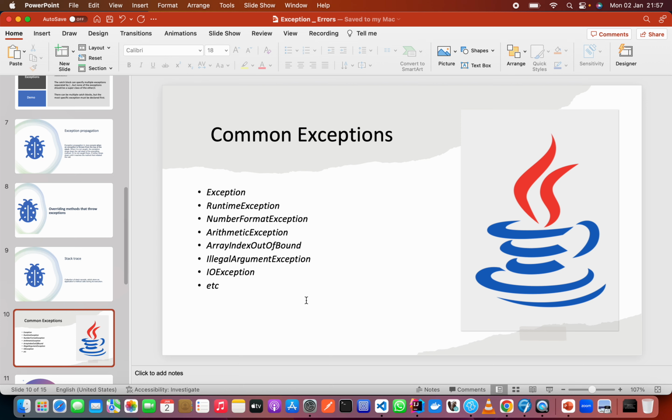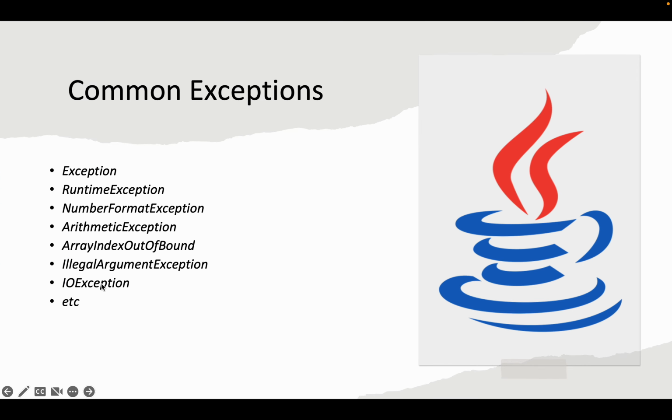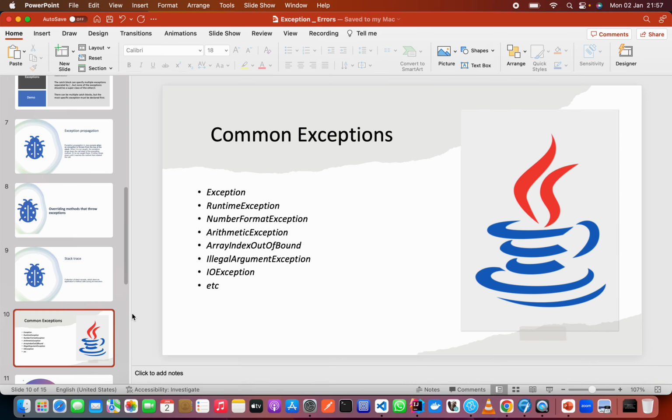Maybe whatever the user is giving you is not what you're looking for: the value is outside the range, or the type is not correct, or the location, whatever the case might be. Then we have IOExceptions, which are normally thrown when you are dealing with files, reading from a text file and all that, and many other exceptions.